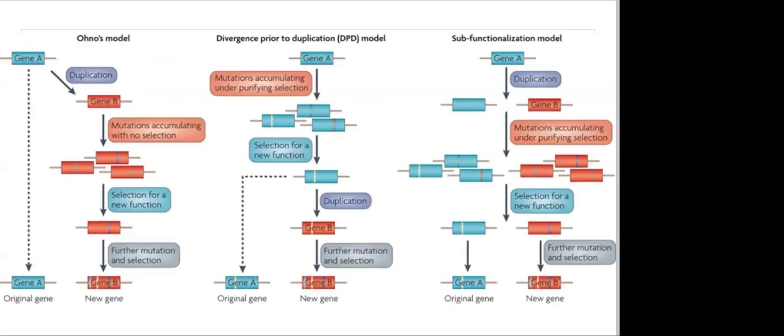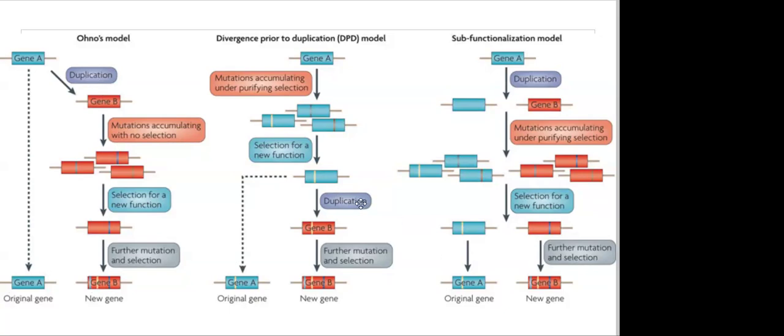And this is the best image that I could come up with. It's basically just you have one original gene in all three of these. You don't have to memorize any of this, but I liked how it showed you different ways that you could achieve gene divergence. So you have the same gene at the beginning of all these, and then at the end you have a second gene because of these duplication events.